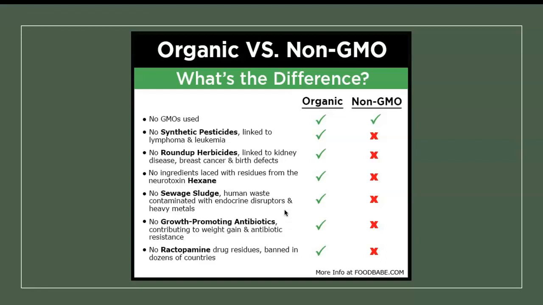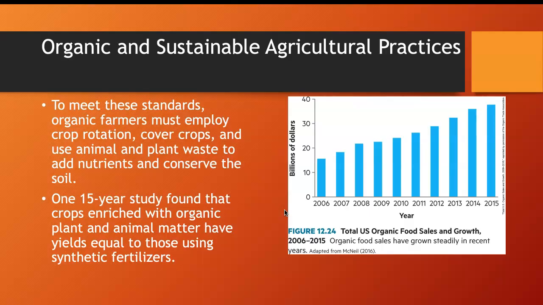Think about why. And no herbicides, no sewage sludge, no GMOs, no antibiotics. So organic food is much safer to produce and to consume. And the nutrition is comparable. There's no significant difference between organic food and natural food.